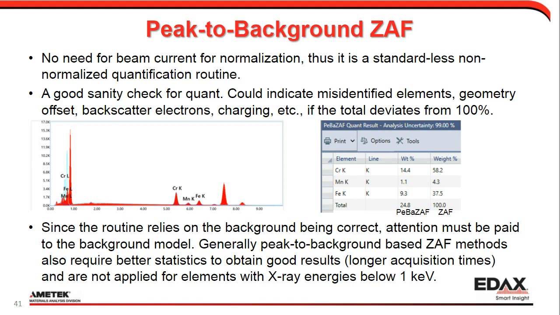The spectrum I'm showing here is a steel sample. I have nickel peaks, which are major peaks, unlabeled on purpose. The peak-to-background ZAF Quant shows the total is only 24.8%. That means some major elements are missing.